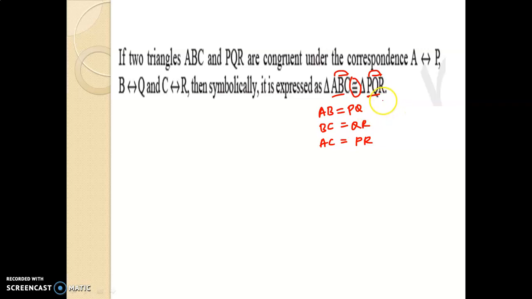This is the side property. And the angle property is that the first angle equals the first angle: angle A equal to angle P, angle B equal to angle Q, angle C equal to angle R. So when two triangles are congruent to each other, they satisfy these properties.